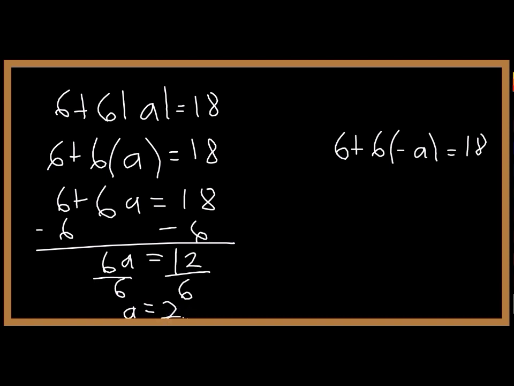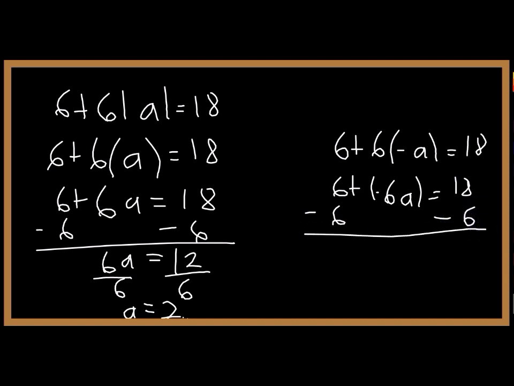Then on the other side, 6 times negative a is equal to negative 6a, is equal to 18. By using the additive inverse, the same sign crosses out, and the remaining is negative 6a is equal to 18 minus 6, which is 12.